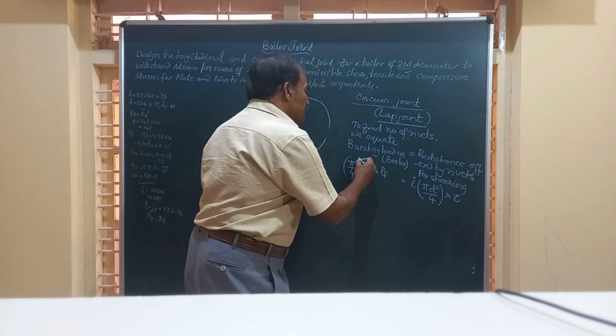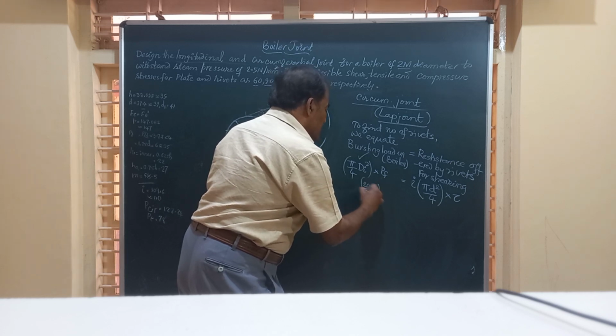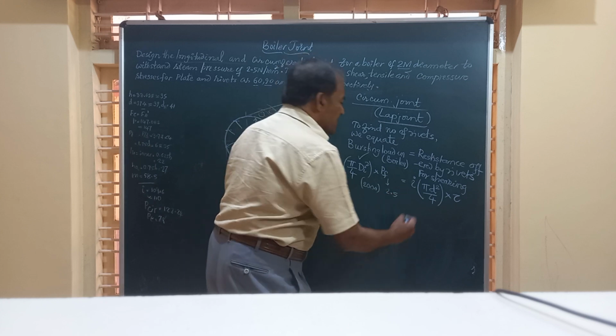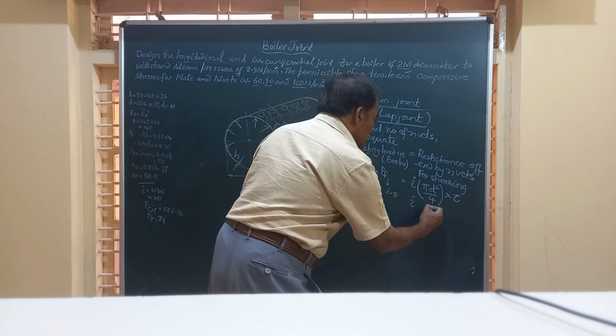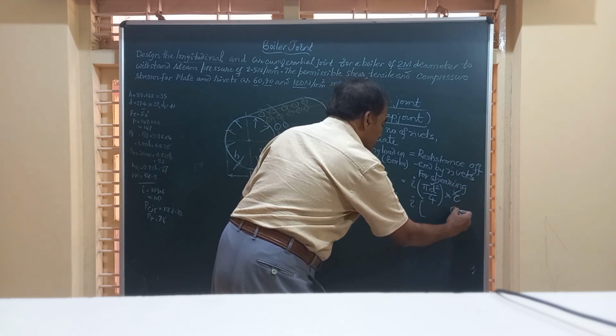Friends, we know the diameter of this shell, that is 2000. We know the pressure, that is 2.5 Newton per millimeter square. I is the unknown. The diameter of the rivet is known. Shear stress is 60.